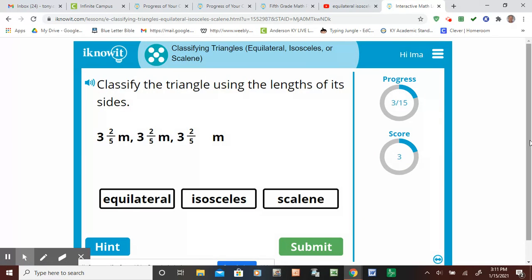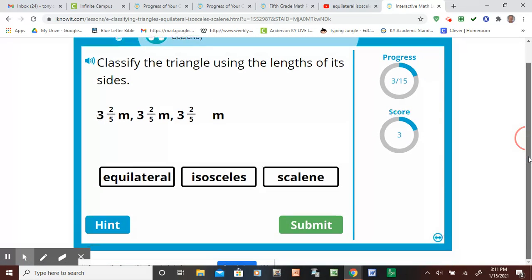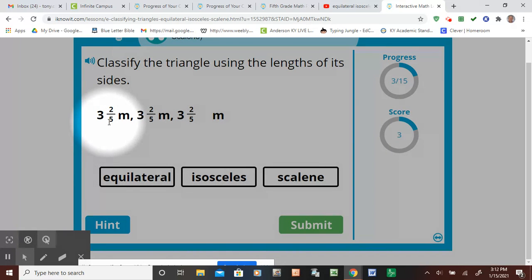Now here's the next one. Classify the triangle using the lengths of its sides. Now, the lengths of these are in mixed numbers, a whole number with a fraction. One of the sides is 3 2/5 long. Another one is 3 2/5.